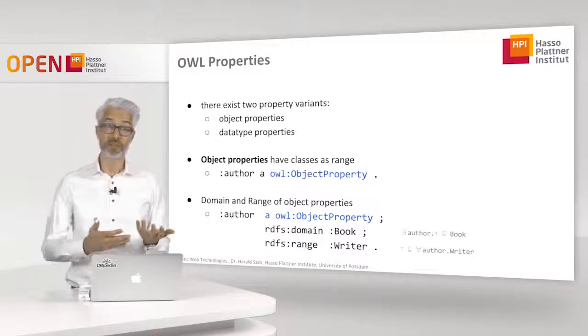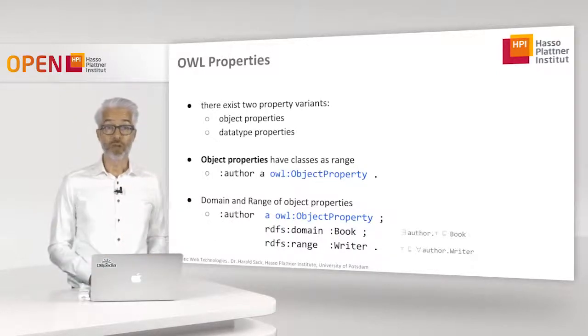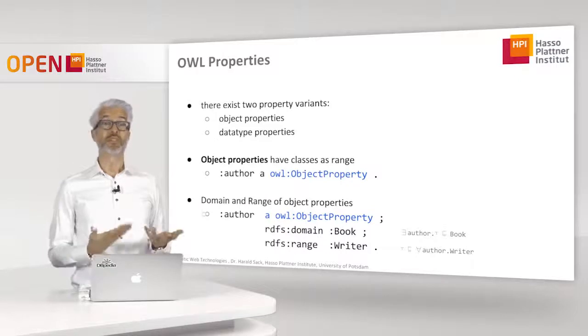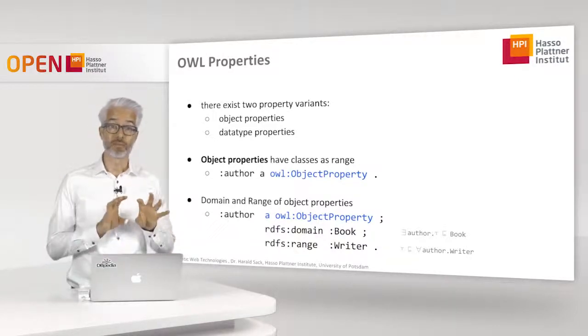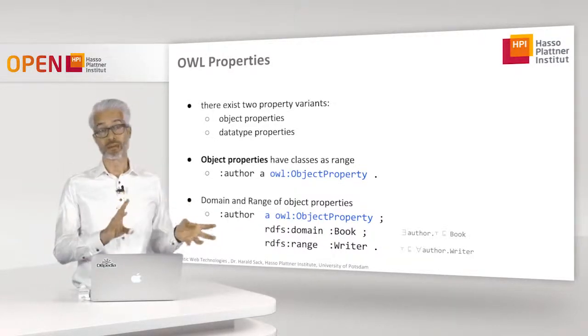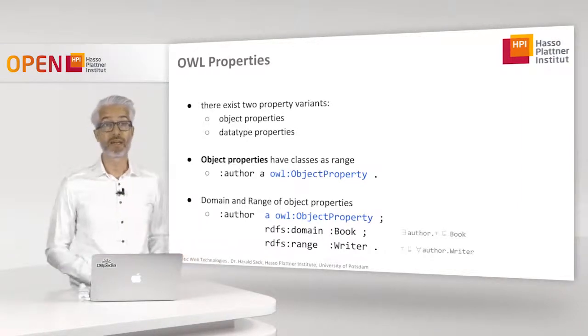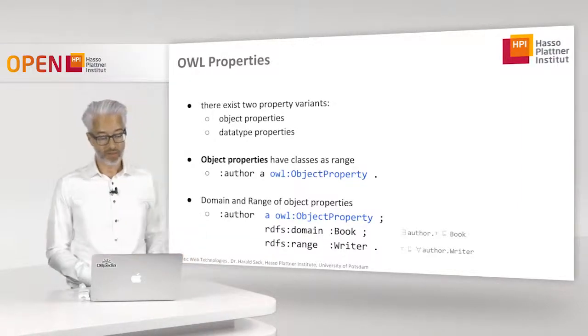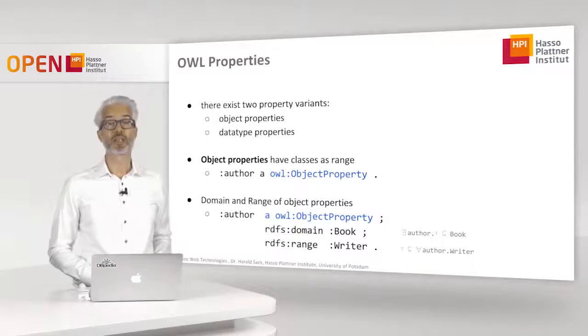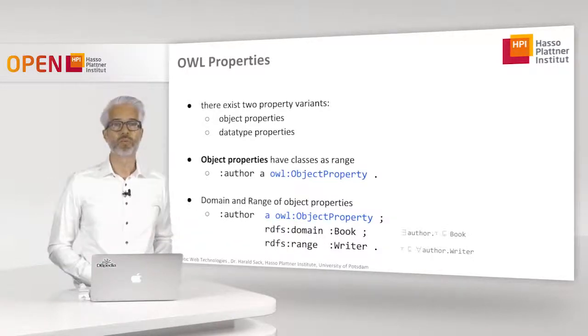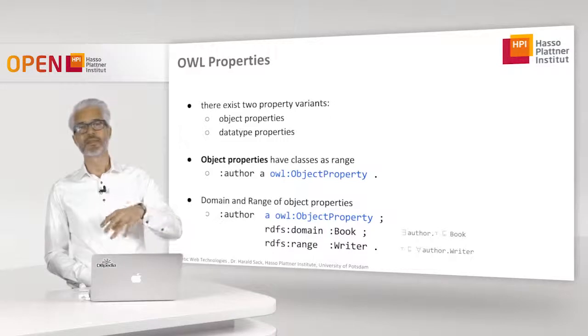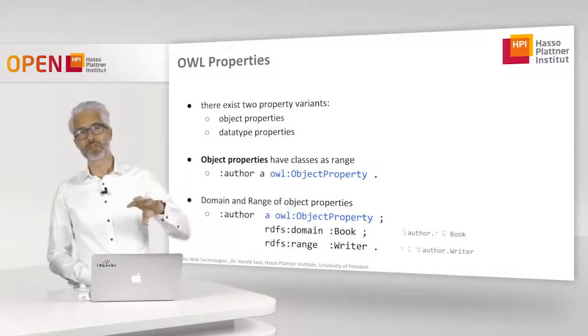So a simple distinction. For object properties we can define them with a special syntax part of OWL, the so-called OWL object property class name. Here, for example, we define author to be an object property. So we know now that the range of that property must be a class.